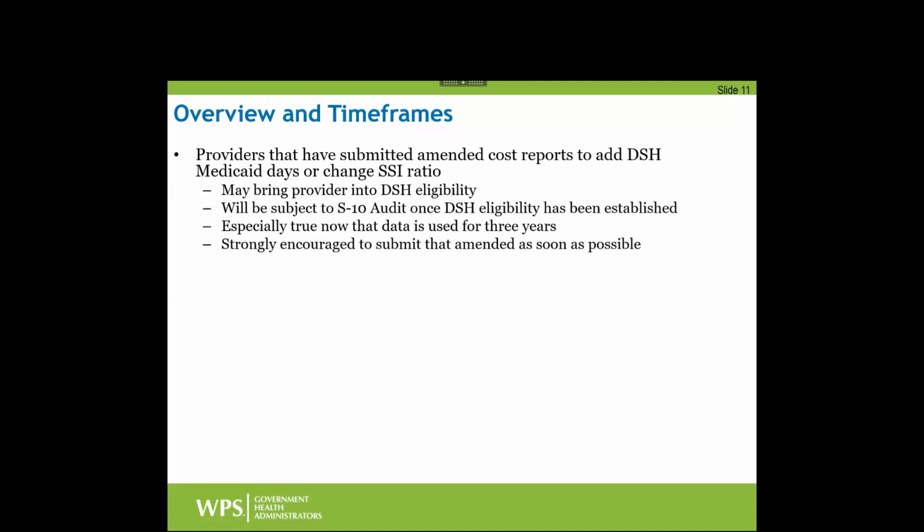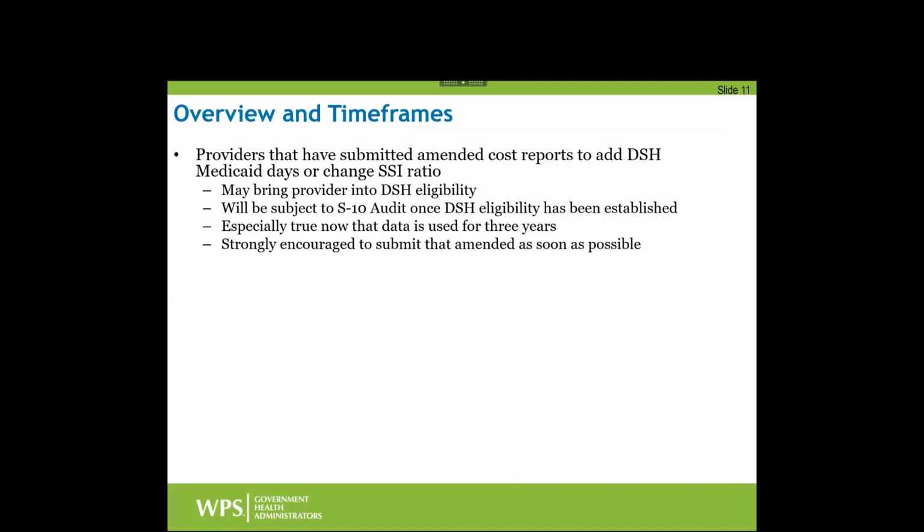And let's see, the providers that have submitted amended cost reports. So if you didn't have DSH initially, but now you've submitted an amended cost report to add DSH, maybe it revised an SSI ratio, maybe it added some Medicaid days, whatever the case may be, then now this is subject to the S-10 audits. And this is that exception I mentioned earlier where everything's due by 12/31.